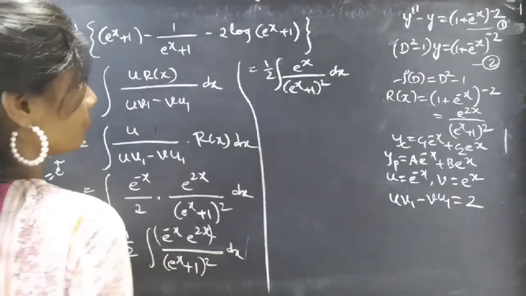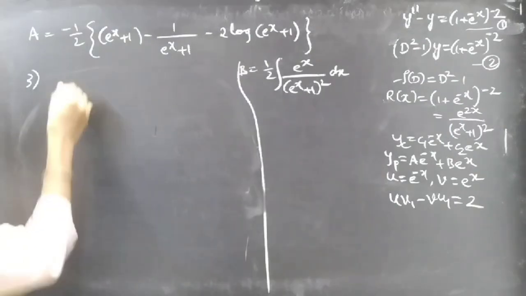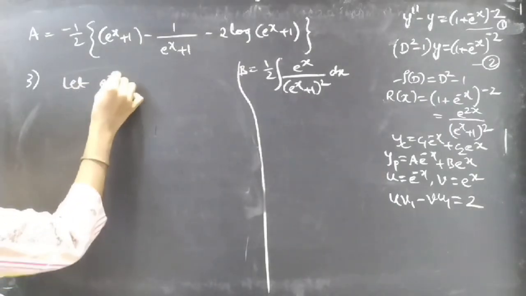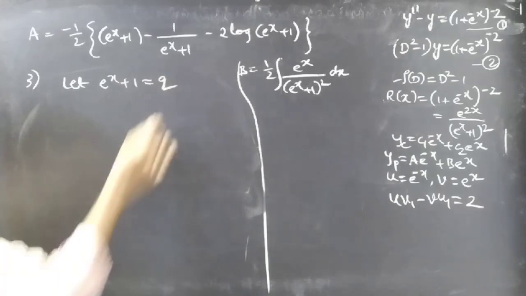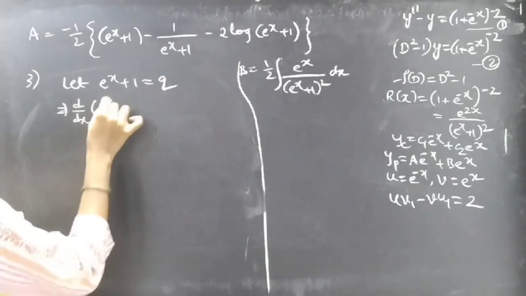Now let e power x plus 1 equal to some q. Now differentiate on both sides with respect to x.